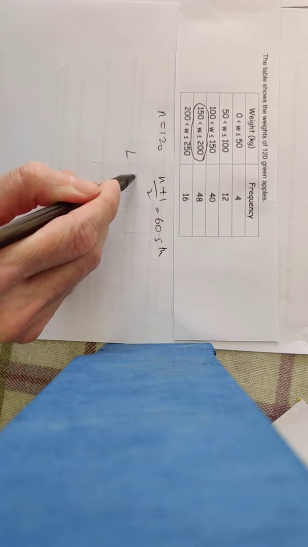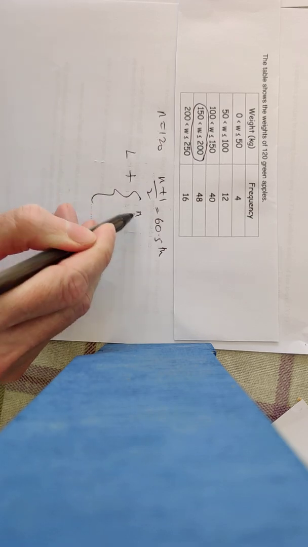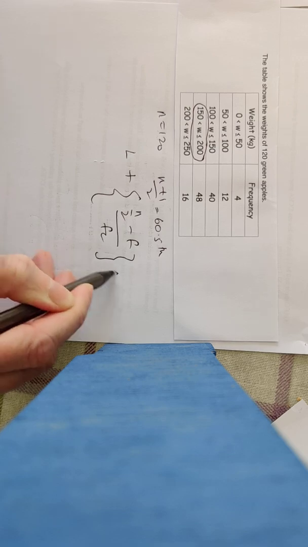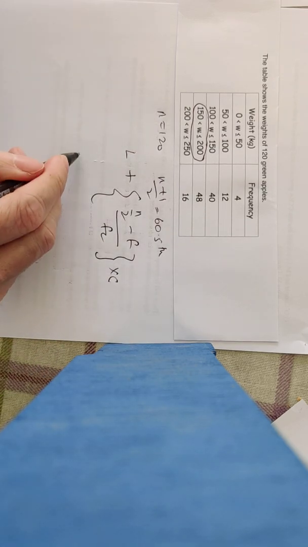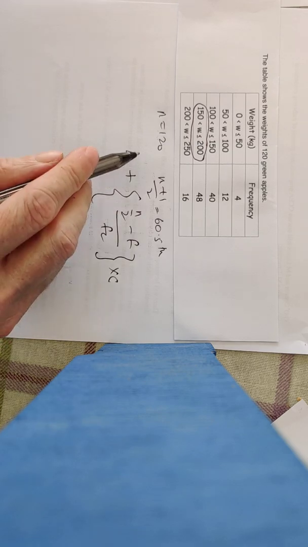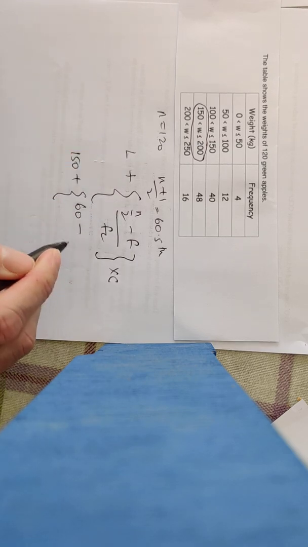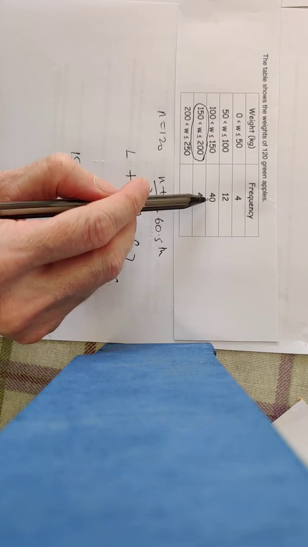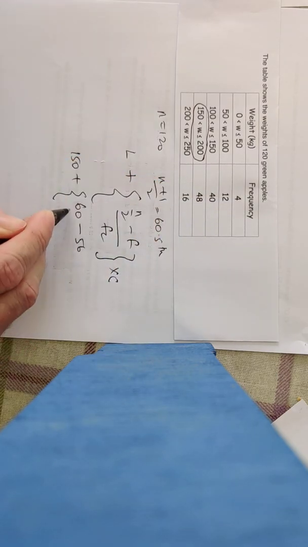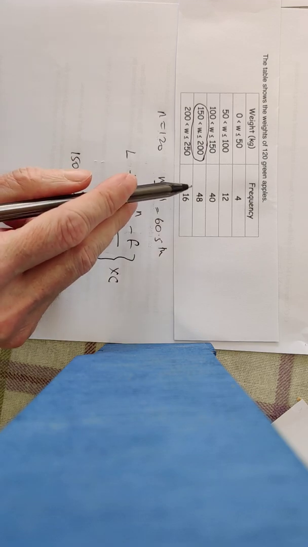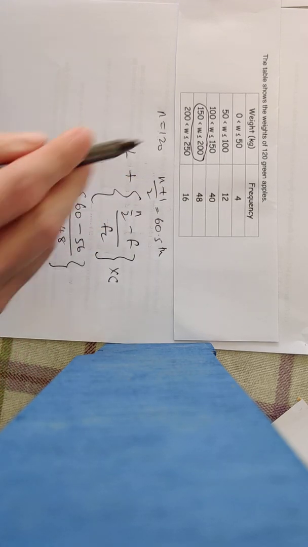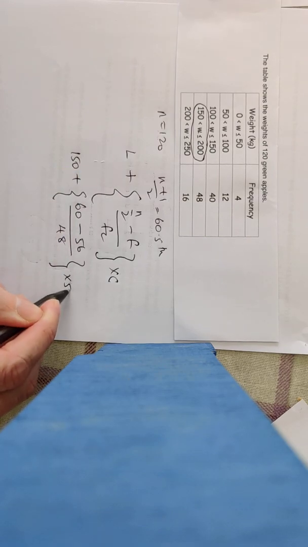So it's again L plus n over 2 minus f over fc times by c. So it's 150 plus 60 minus f, the frequencies above, which is 56, all over fc, which is 48, times by 50.